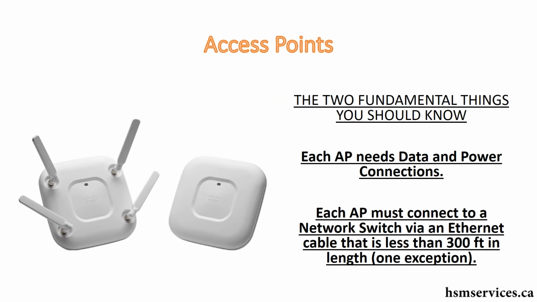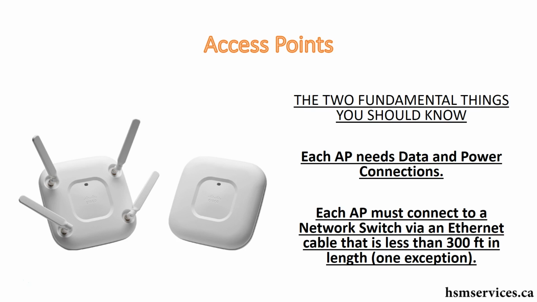Now, the 2 things you need to know about an AP. Number 1, every AP has to get data from somewhere, and it has to get electricity from somewhere. If it doesn't have data and it's not talking to the rest of your network, then it's not working. If it doesn't have power, then it doesn't turn on, so it's not working. So you have to think about how it's going to get data and power.